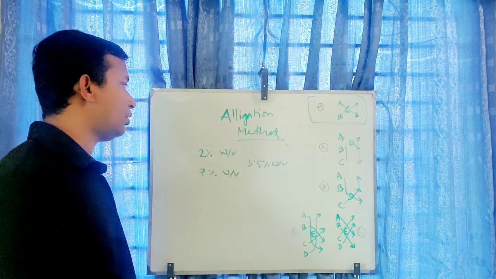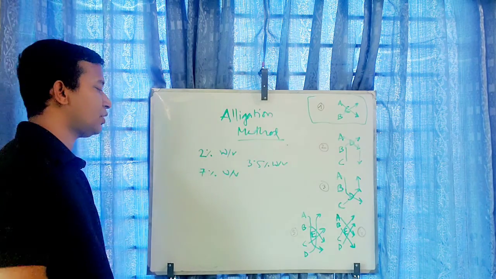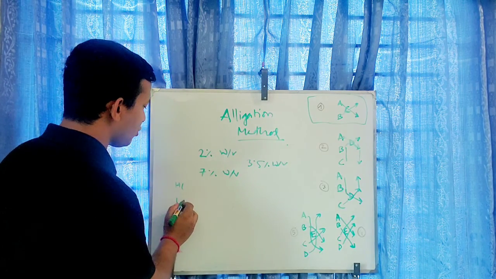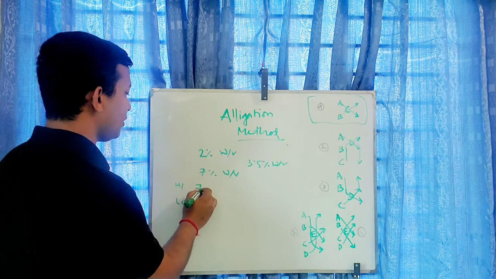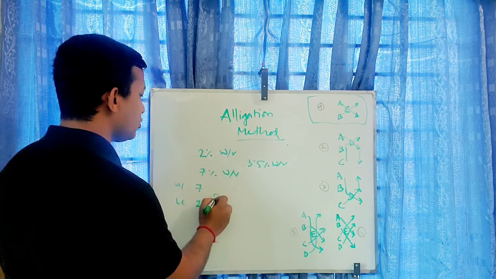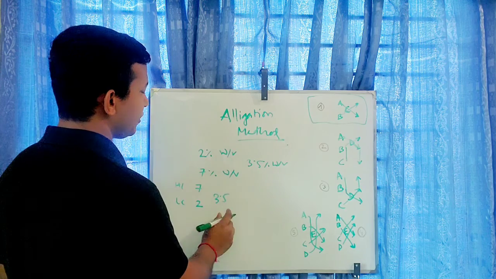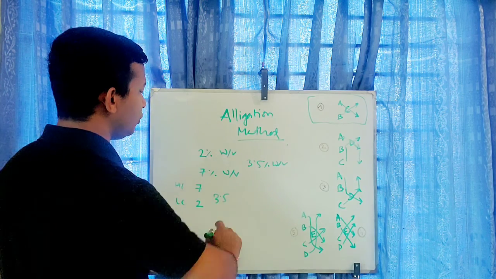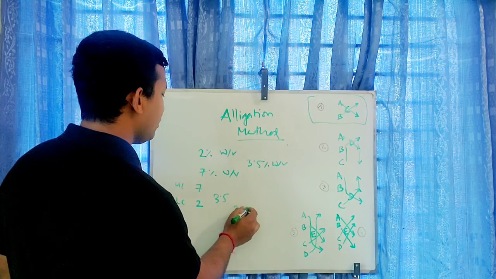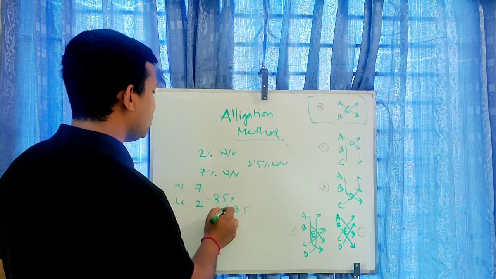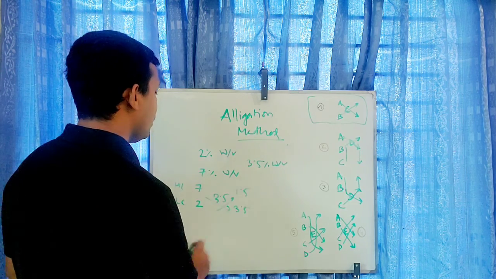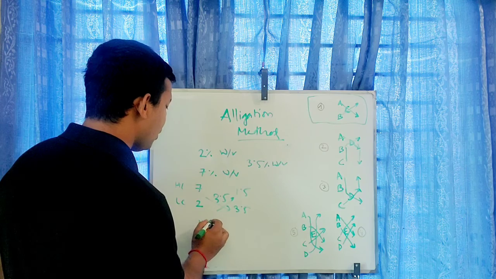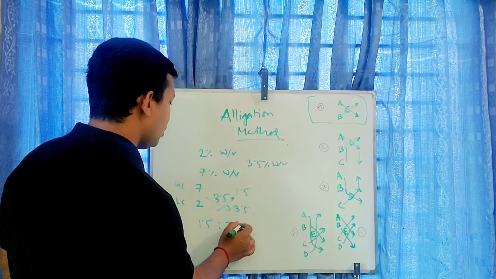Okay, so let's begin with our normal process. First of all, higher concentration, lower concentration. So it should be 7 and 2 here, and the desired concentration 3.5. The outcomes here: 3.5 minus 2 is 1.5, and 7 minus 3.5 is 3.5. I'm just doing the cross here. So the ratio is 1.5 to 3.5.